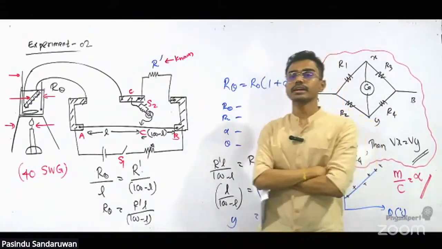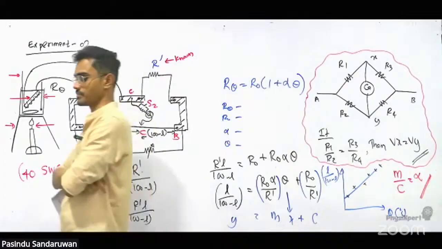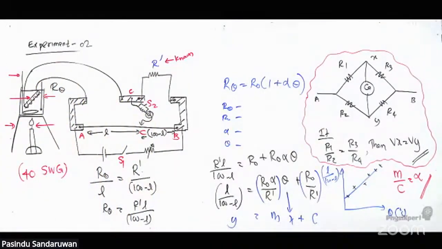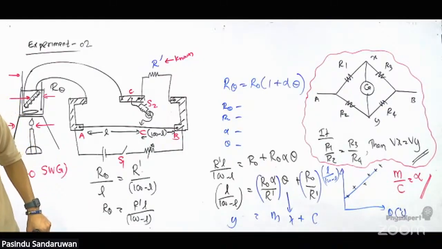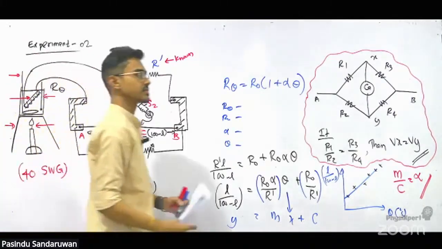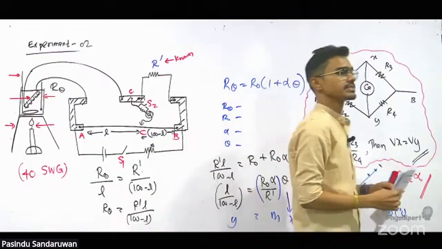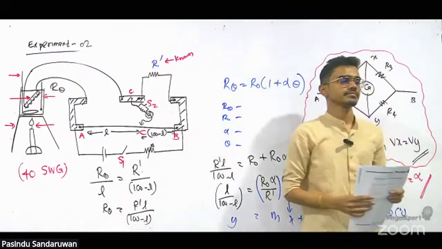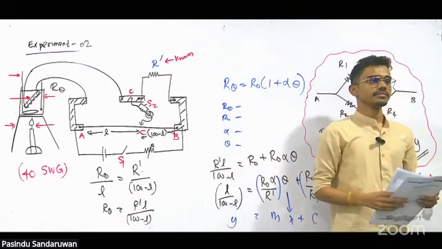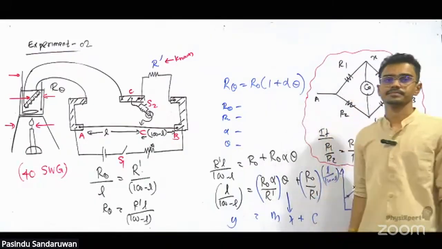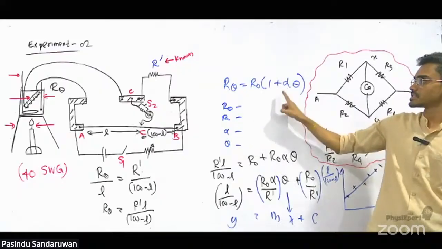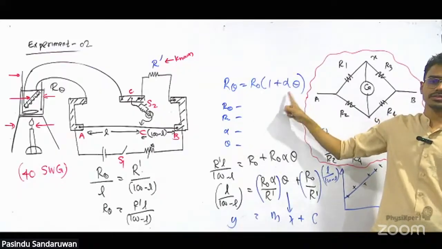The resistance of a conductor at 0 degrees Celsius is given by, put a comma and take down the equation. This one. Put a comma and take down the equation.